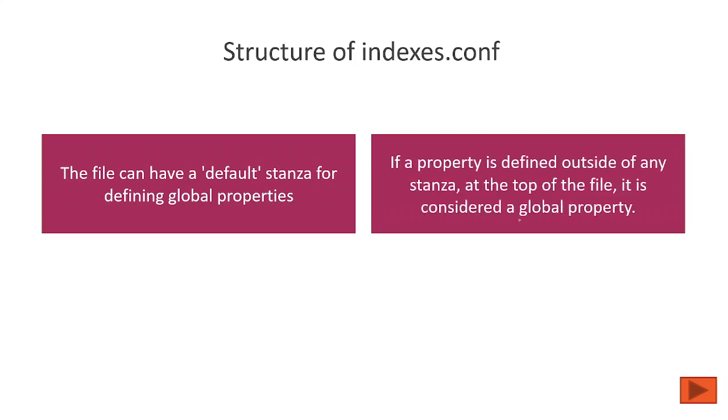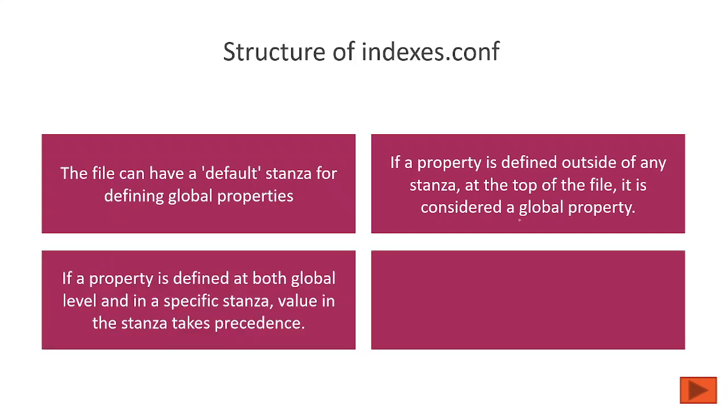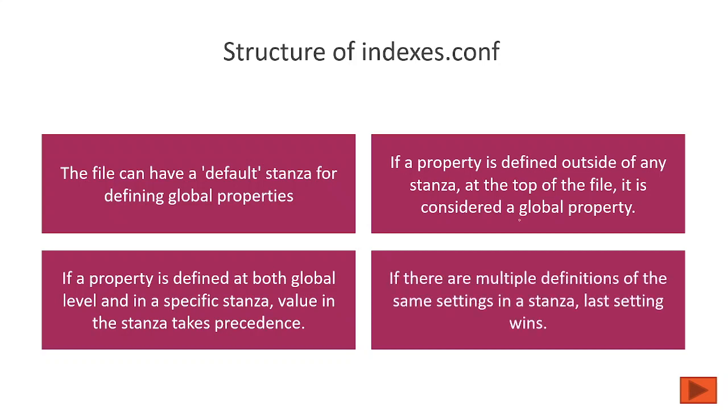There might be stanzas which are limited to certain indexes, but we can also define global parameters which might be applicable to all the stanzas, meaning all the indexes or all the source types in general, right? And we have already looked at how we can resolve a conflict and what the precedence is. We have already covered those things in the previous sections.